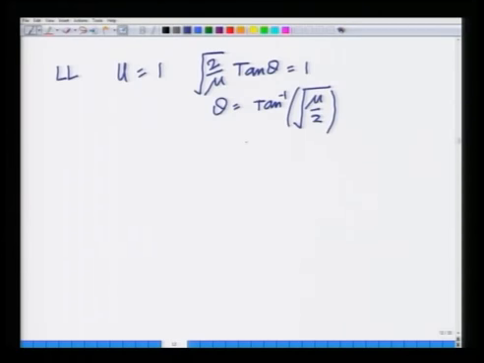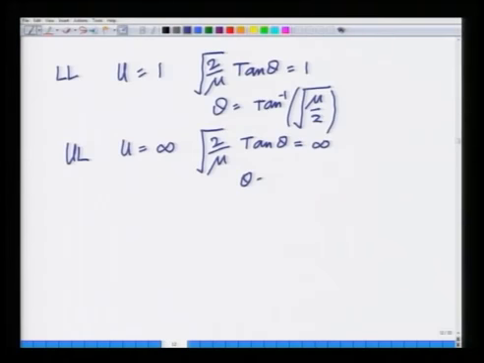So, theta equals tan inverse square root of mu over 2. Also, the upper limit u equals infinity, which means 2 over square root of mu tan theta equals infinity, which means theta equals tan inverse of infinity equals pi by 2.